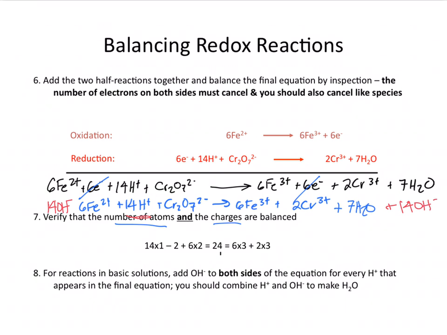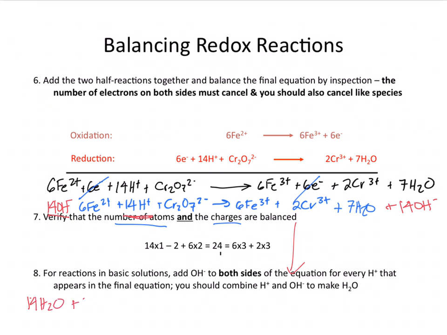Then we're going to combine any H pluses with hydroxide, and that will give us water. So 14 OH minus and 14 H plus give us 14 H2O.